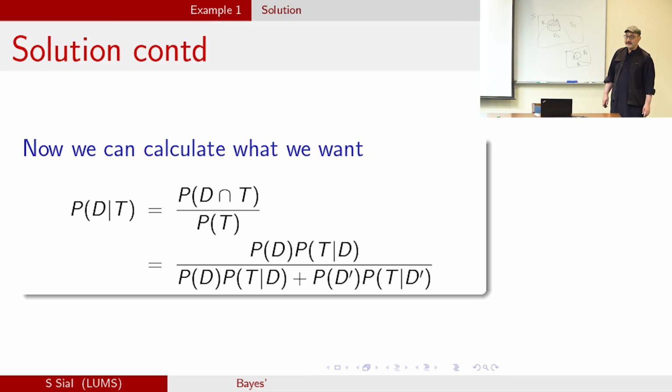Now, I don't have the probability of T, but I can think of D and D complement as partitioning S. An event and its complement, non-empty events, always partition S. So I can rewrite the probability of T as the probability of D times the probability of T given D, plus the probability of D complement times the probability of T given D complement.